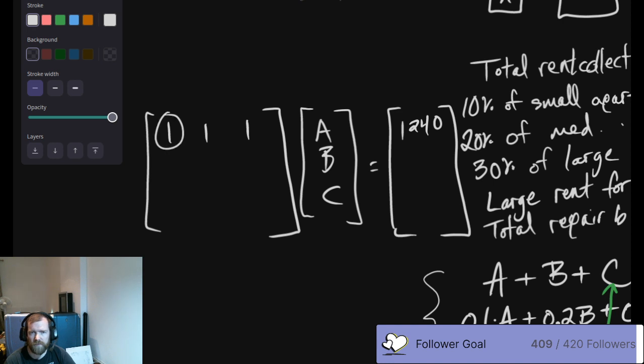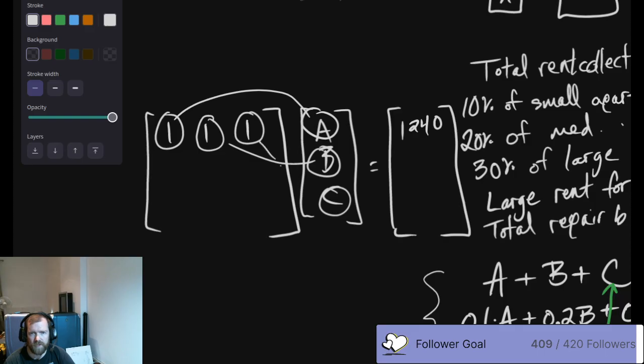We take the first element of each, multiply them together, that's a. The second element of each, that's b. And the third element of each, that's c. Multiply them together, and then add all those subtotals up. So we get 1a plus 1b plus 1c is equal to 1240. A plus b plus c equals 1240. It's what we started with.